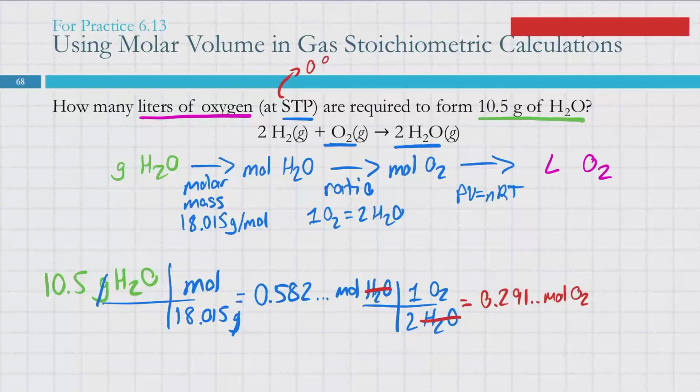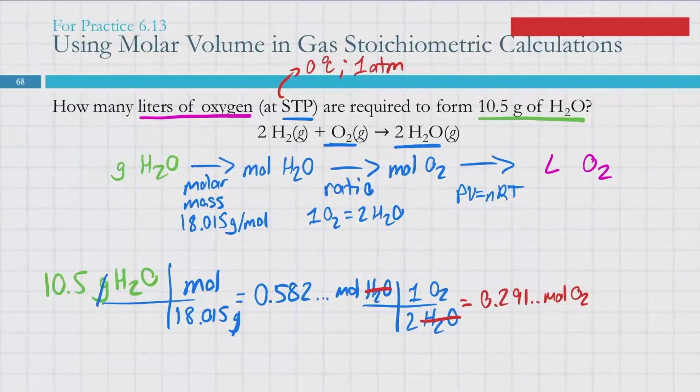Zero degrees Celsius, 1 atmosphere of pressure. So we could solve it plugging in 0 degrees Celsius or 273.15 Kelvin and 1 atmosphere into our PV equals nRT. Since we've got n, we've got T, we've got P, so we could solve for volume.